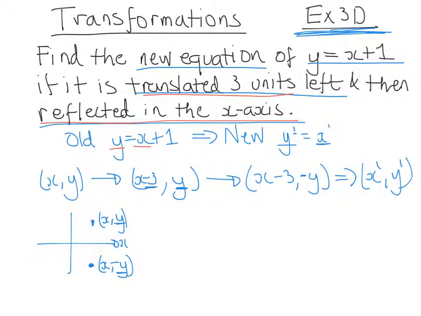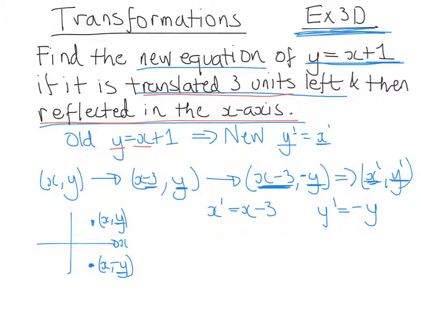Well, that will mean that the old x value minus 3 will be equal to the new x value, so that will be an equation like that. Now the old y value will be equal to the negative of the new y value, so y dash is equal to negative y. How can we figure out what our new equation is?